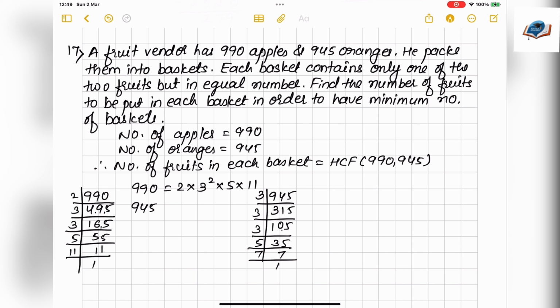So that is 3 cube into 5 into 7. So HCF is 3 square into 5. So that is 9 into 5, that is 45. So the number of fruits in each basket should be 45 to have exactly minimum baskets required.